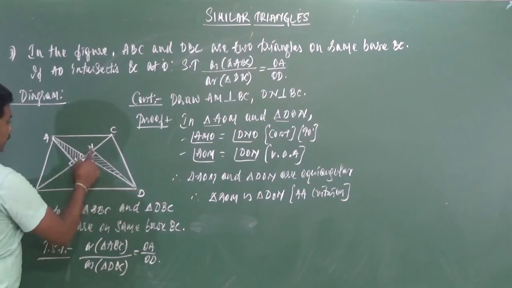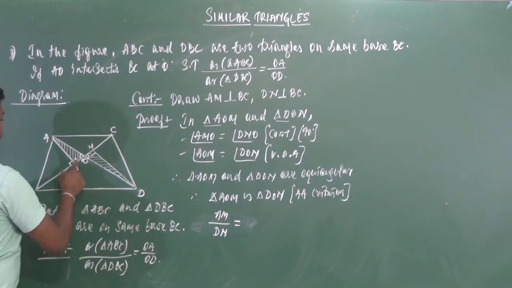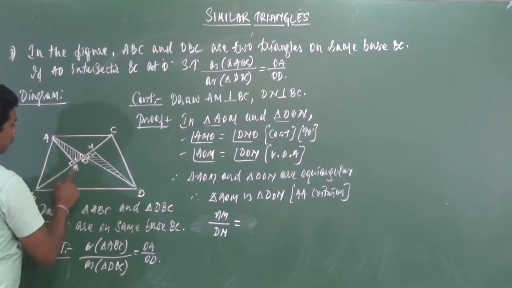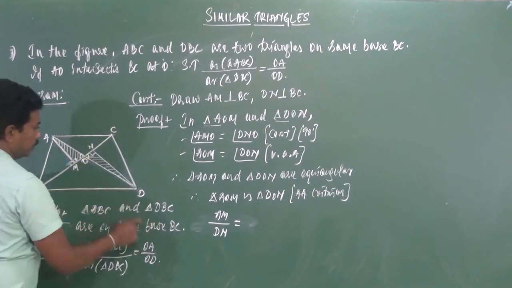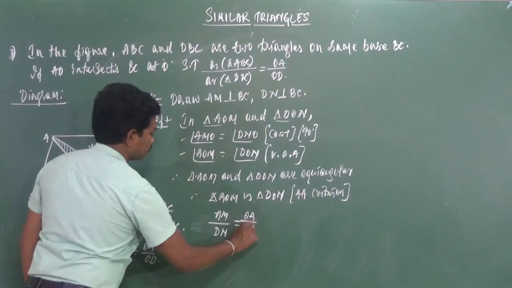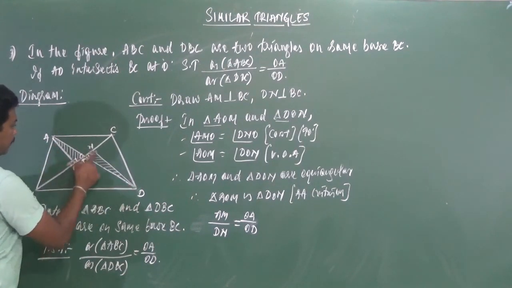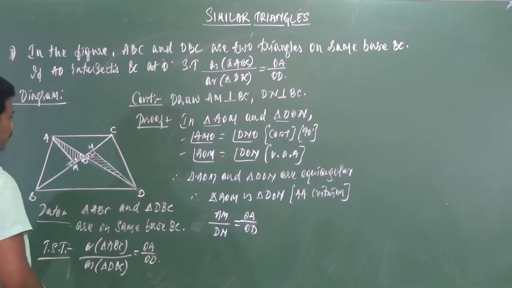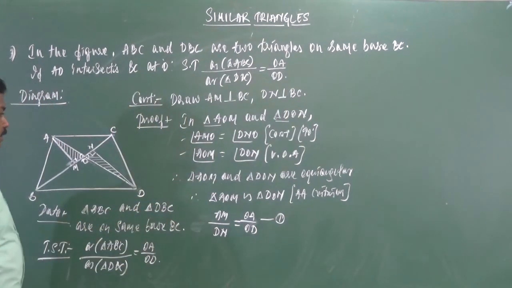So AM by DN is equal to OA by OD, because opposite to 90 degrees is OA, opposite to 90 degrees here is OD. And opposite to the vertically opposite angles, this one is AM and this one is DN. So we can take it as equation 1 and use this result in the next steps.